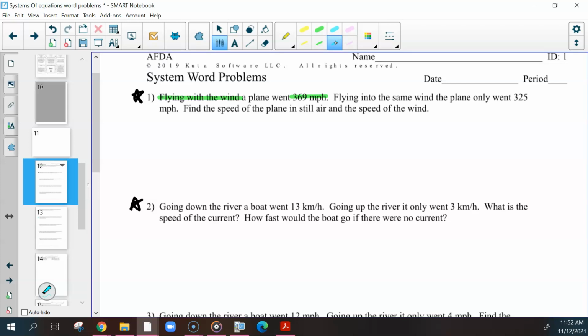When the plane is flying into the wind, it's going 325. And then in this last part, it tells you that we need to find the speed of the plane in still air and the speed of the wind. So the two things we need to find are the two things we don't know. The two things we don't know are going to be your variables.